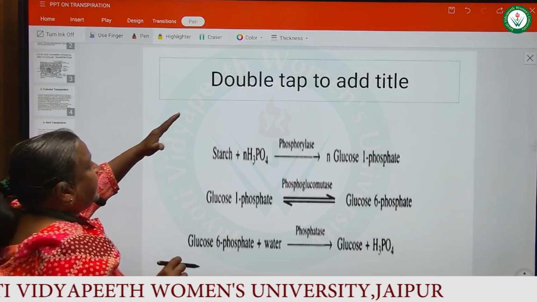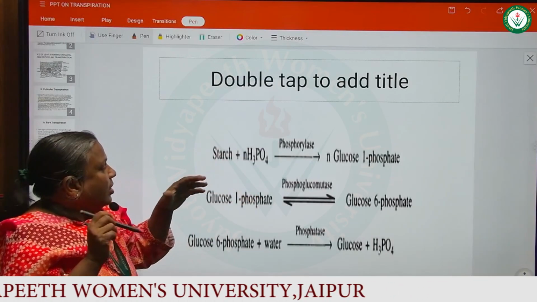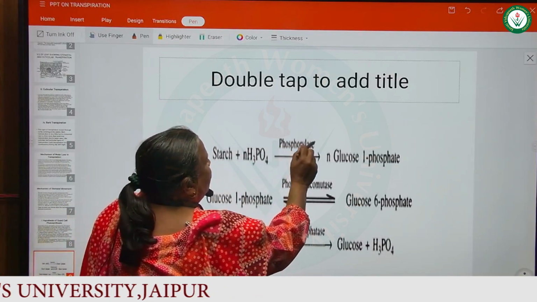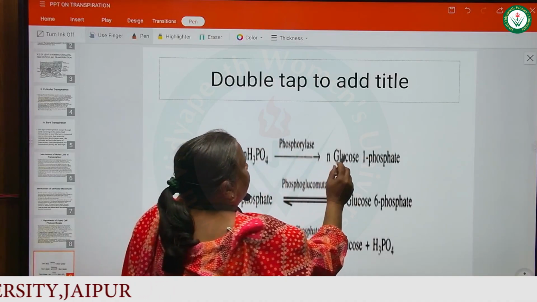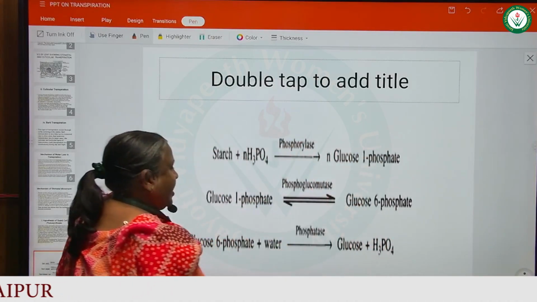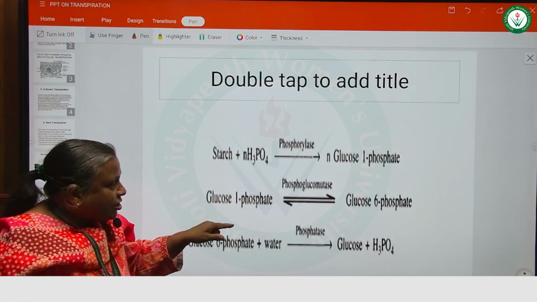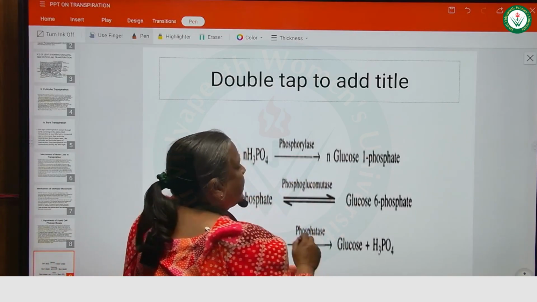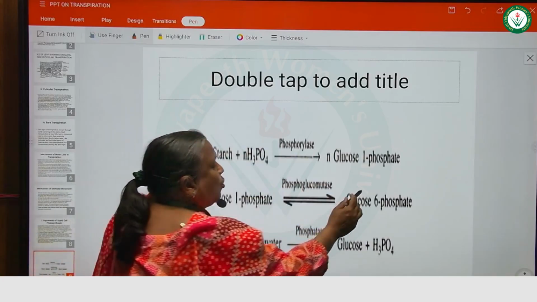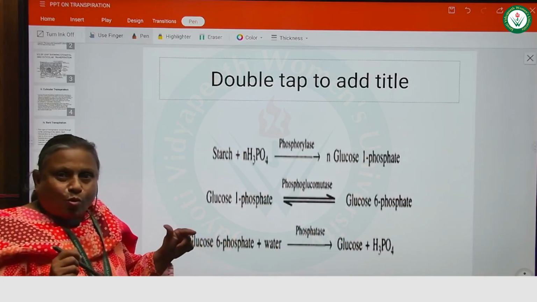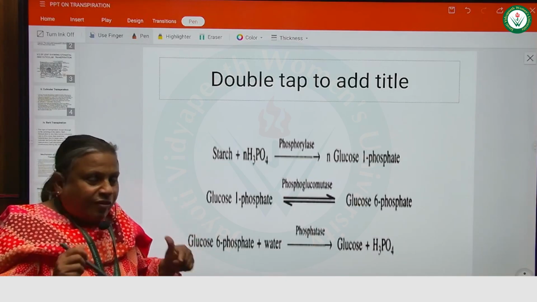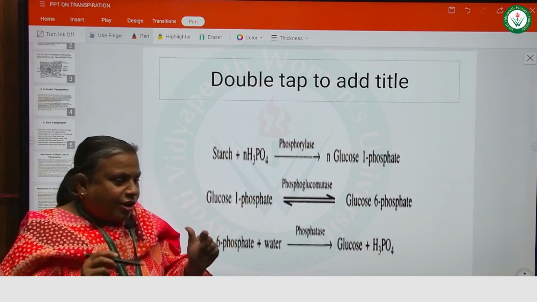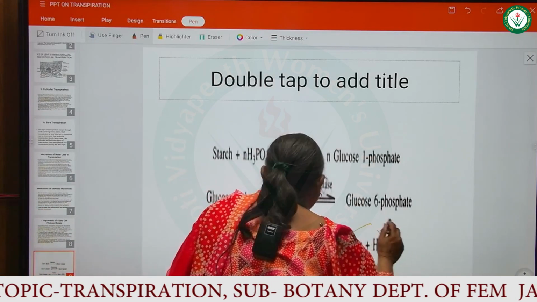Now you see in this diagram, starch in the presence of the phosphorylase enzyme is converted into glucose 1-phosphate. This glucose 1-phosphate in the presence of the enzyme phosphoglucomutase is converted into glucose 6-phosphate, and glucose 6-phosphate with the help of water and phosphatase enzyme again gets converted into glucose and phosphoric acid.